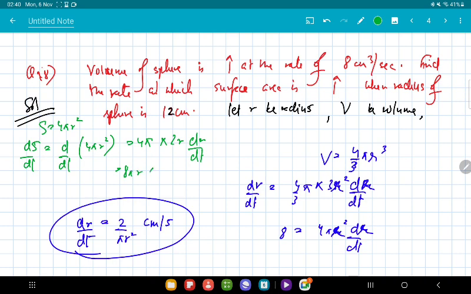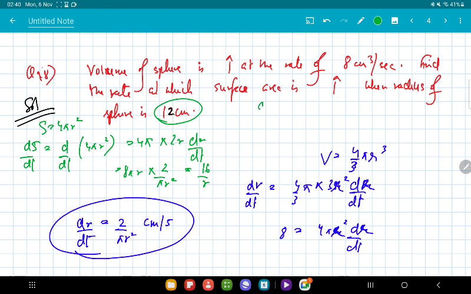When I solve it, 8 pi r into 2 by pi r square, you will get your answer as 16 by r. Now they have asked us dS by dt when r is 12 centimeters, so 16 by 12, it means 4 by 3 centimeter square per second. This will be the correct answer.